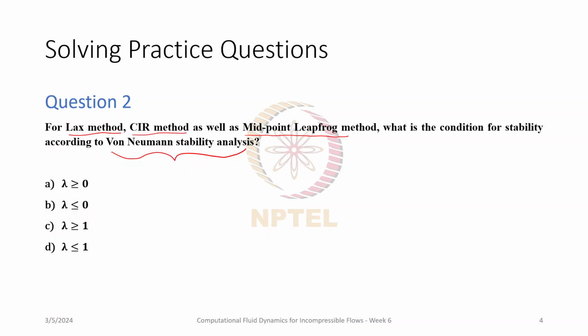For these methods, we can find out the condition for stability, and they happen to be the same for all three schemes. I'll mention here the CIR method is named after three scientists: Courant, Isaacson, and Rees.